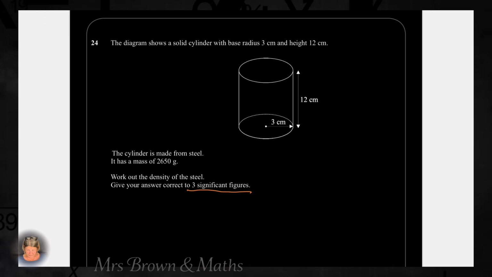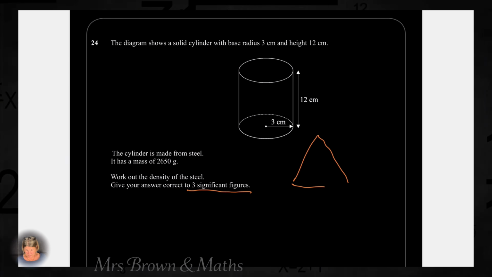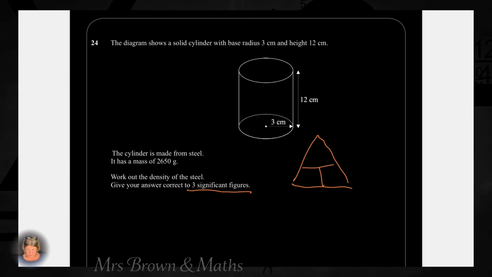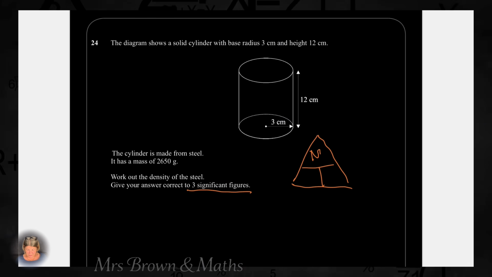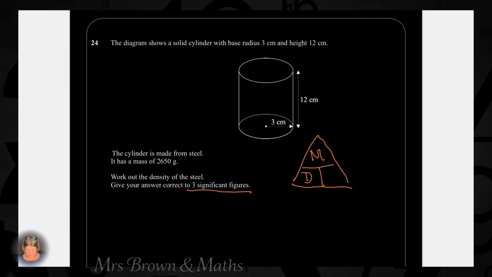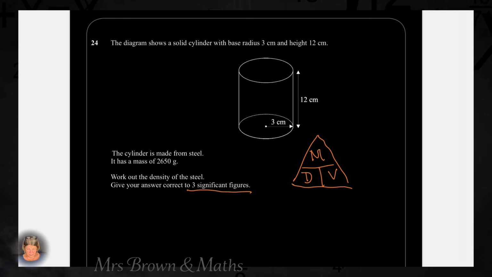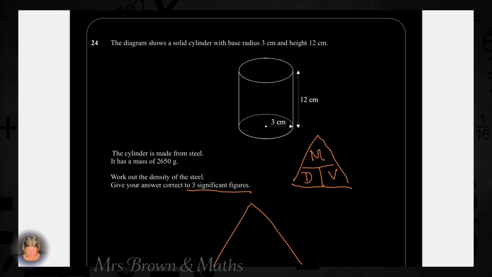First of all, let's brush up the formula. So mass equals density times volume. I know mass, we are told that it is 2,650 grams.